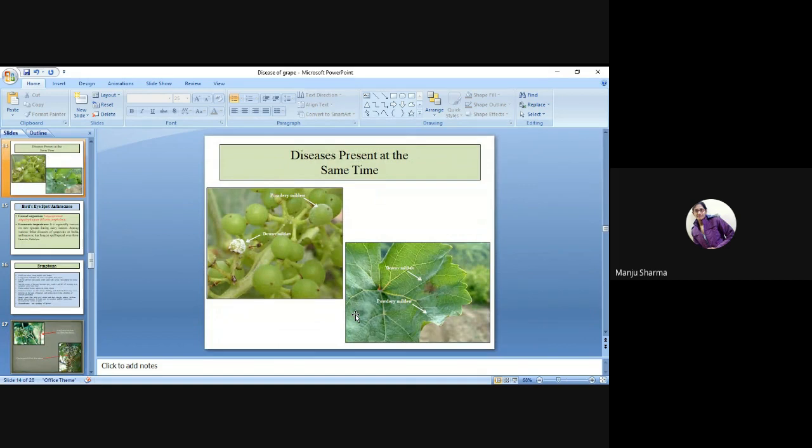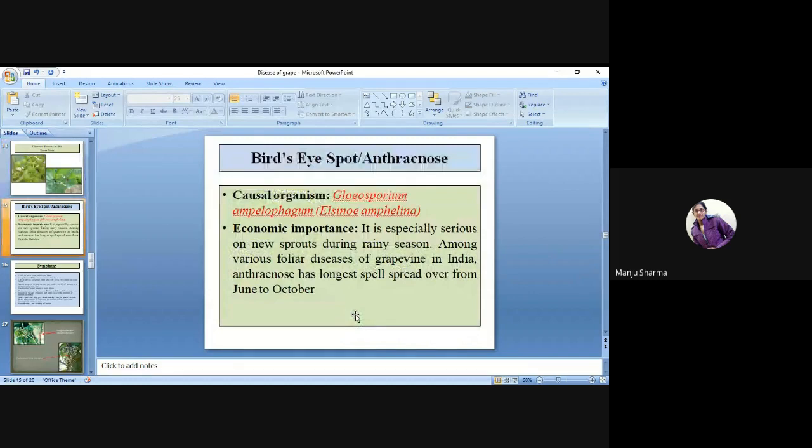Then diseases present at the same time, like powdery mildew and downy mildew, both can be found and both can occur at the same time. After that, bird's eye spot or anthracnose disease.